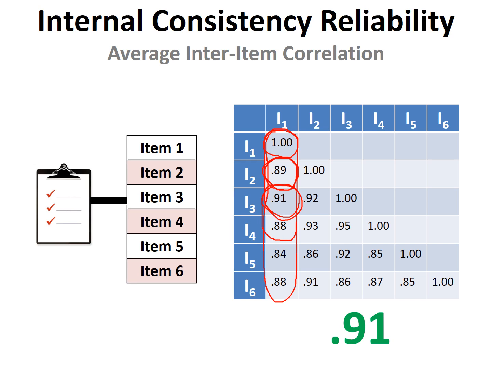And it's the same for item 3. If they did well on item 1, they did well on item 3. If they did poorly on item 1, they did poorly on item 3. So in this case, these correlations are all very, very high with each other. That leads to an average. If you average all the correlations together, it leads to an average inter-item correlation of 0.91.